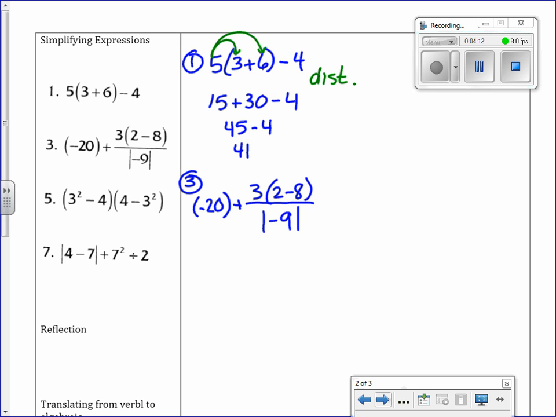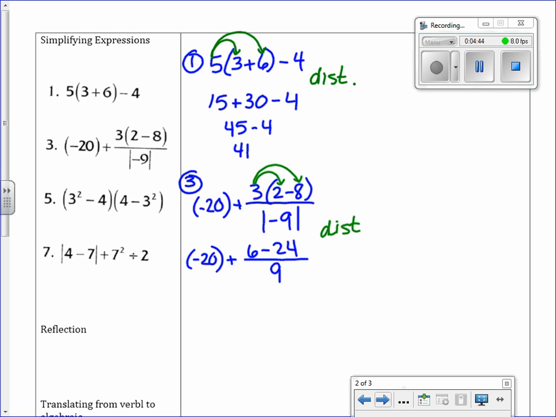So again, I'm going to go ahead and distribute. And I want to list down the property that I'm using. So I rewrite my expression as negative 20 plus 6 minus 24 all over, and I'm going to go ahead and take care of that absolute value of 9 and put that over 9.